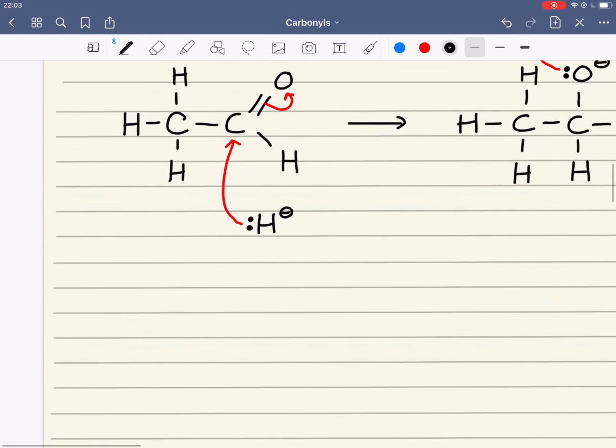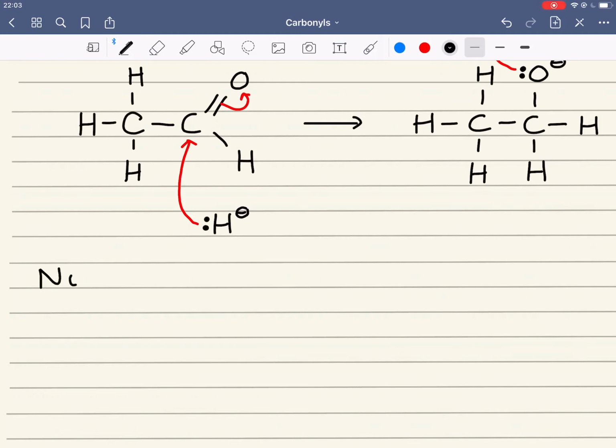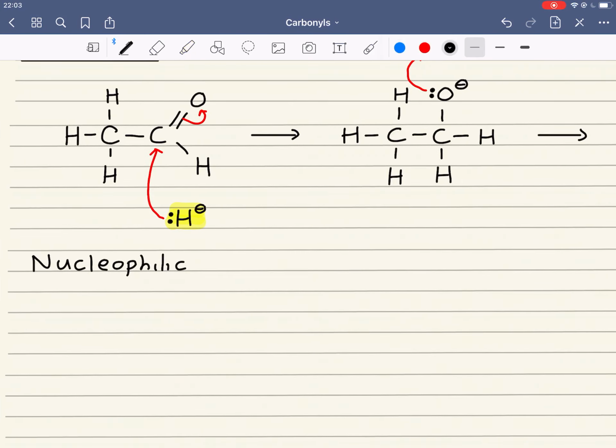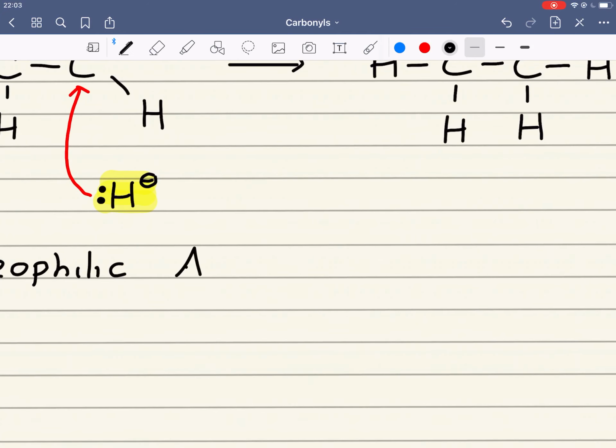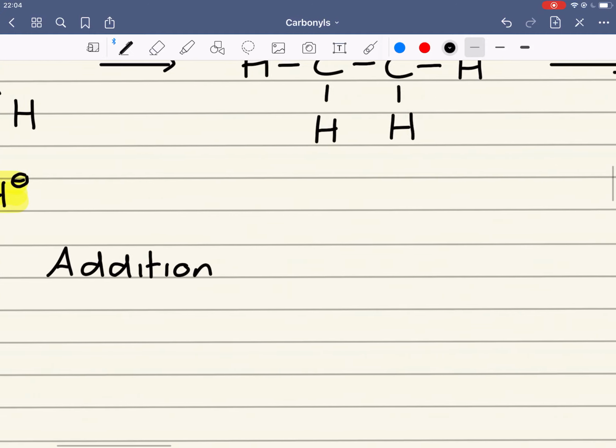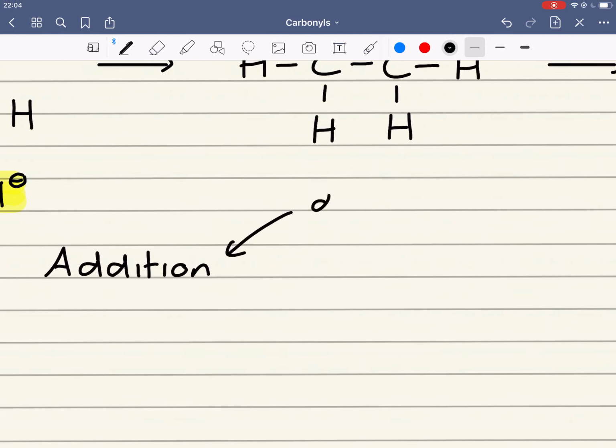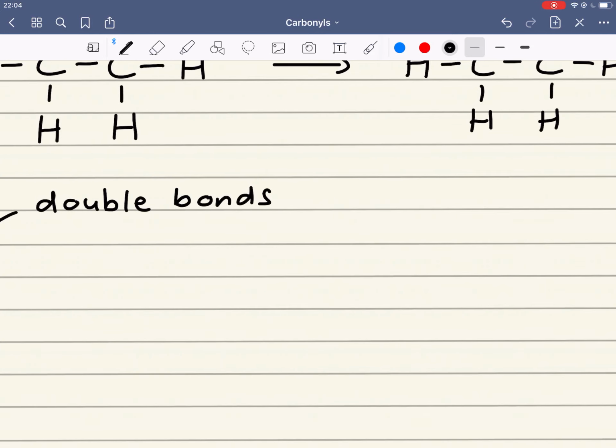Now, this mechanism has added a nucleophile. So the mechanism name is nucleophilic addition, because it involves this nucleophile here, and it's an addition reaction. And remember that addition reactions involve double bonds going to single bonds.